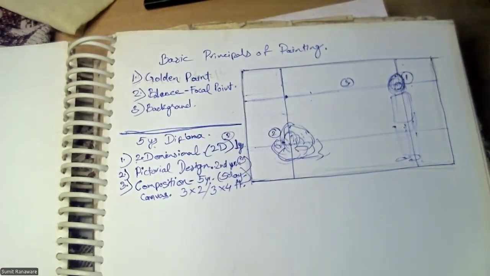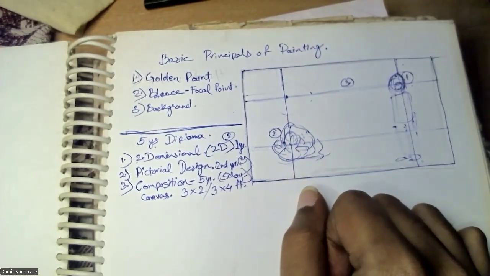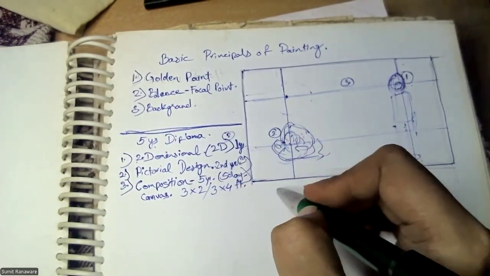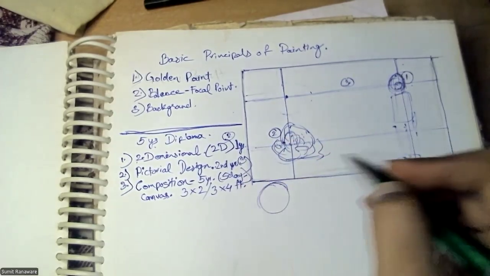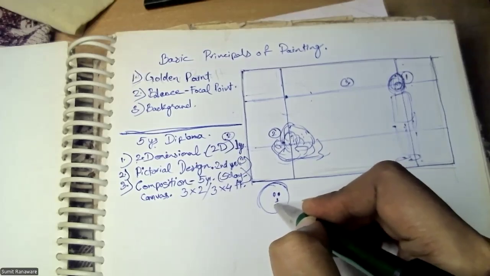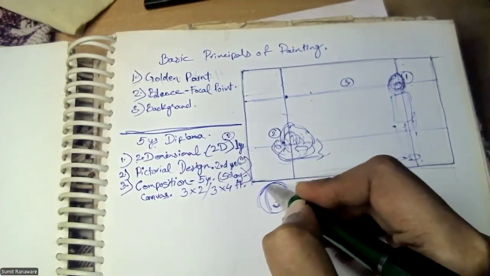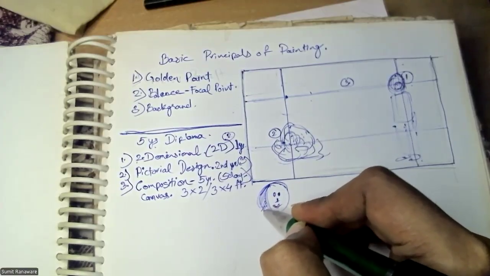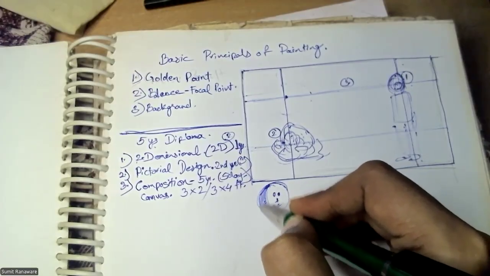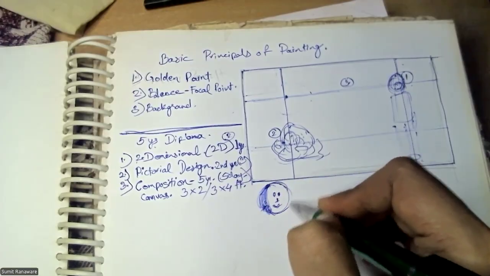If you have watched any of the animes or cartoons, they have something like this: here there will be a face, and the face something like this, nose. Okay. And this part will be all the shadow part. Okay. In most of the cartoons, you would have seen it but not noticed it properly.